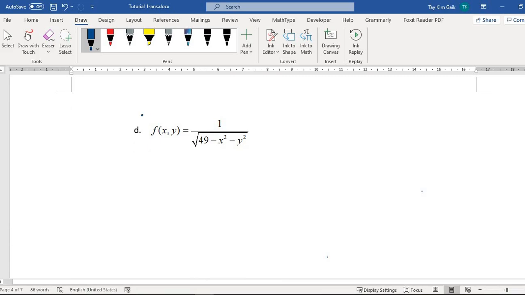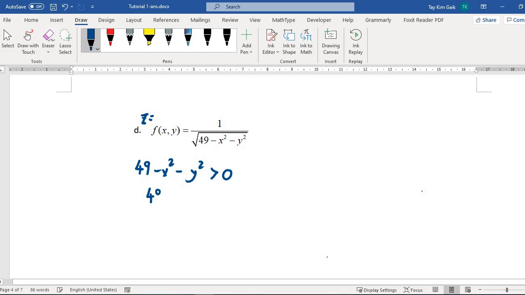Next, f(x,y), let z equal f(x,y) equal to 1 over the square root of 49 minus x squared minus y squared, similar to equation 1b. Okay, the denominator cannot be equal to 0, and for a square root function you must have greater than or equal to 0, but it is at the denominator. That's why you can only set 49 minus x squared minus y squared to be positive, but it cannot equal 0, because if it equals 0, 1 divided by 0 gives infinity.